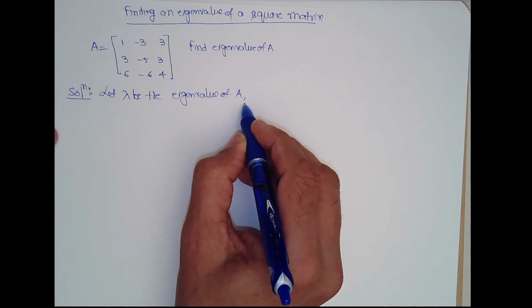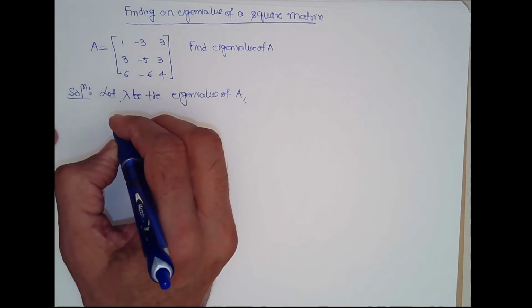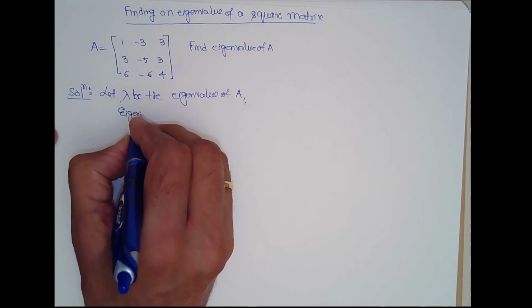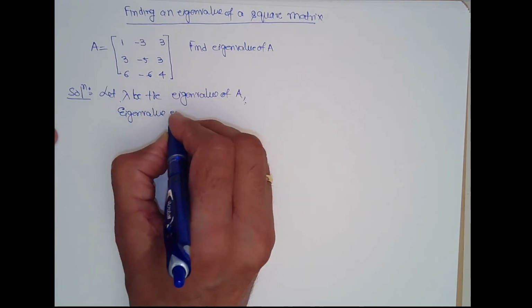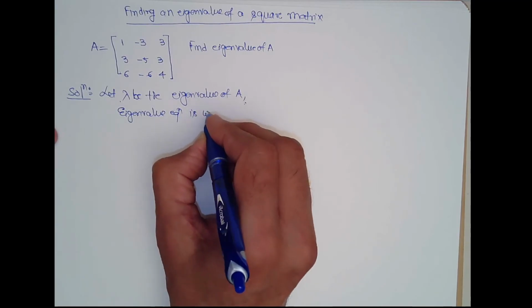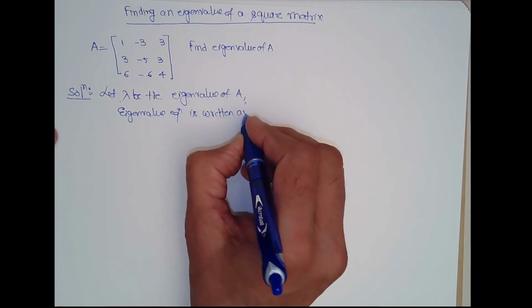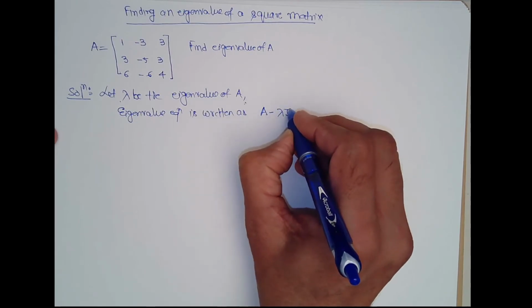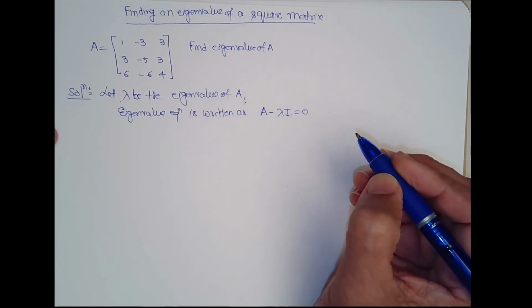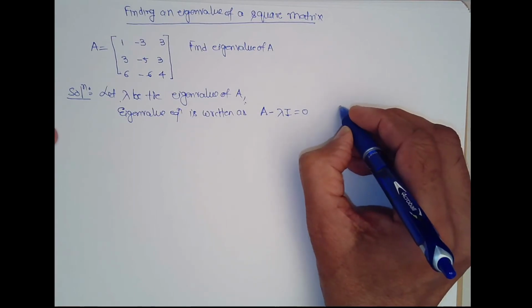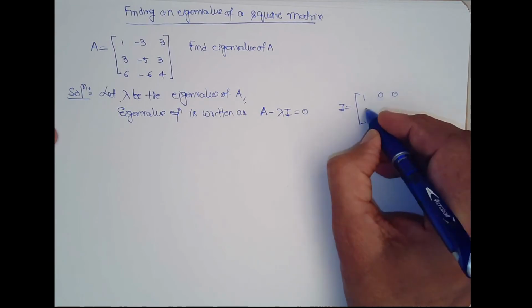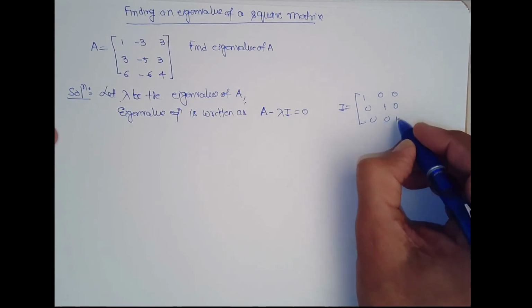So if lambda is an eigenvalue of A, then the eigenvalue equation is written as matrix A minus lambda times the unit matrix equals 0. The unit matrix is 3 by 3, so it is 1 0 0, 0 1 0, 0 0 1.